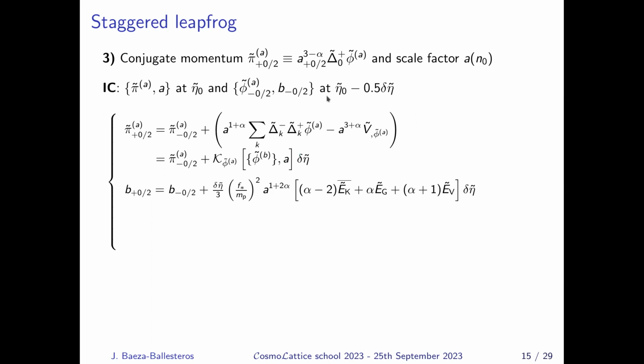Since we have defined the conjugate momentum to be everything that was inside the brackets before, we can just explicitly write the forward derivatives and separate this quantity here. And I see that this is missing the time step.